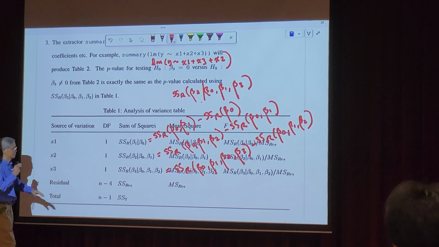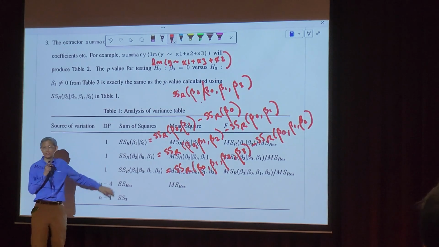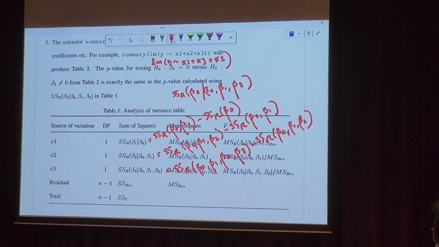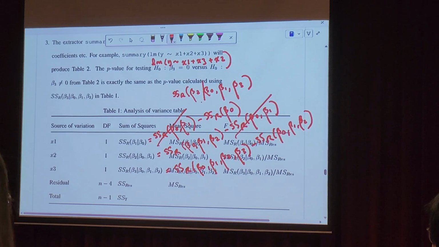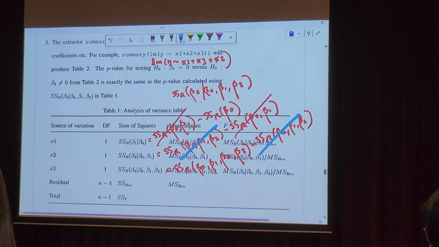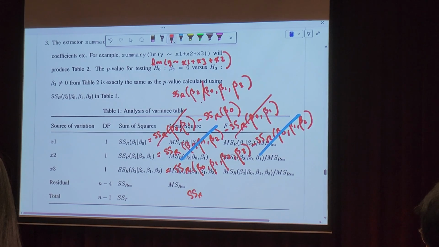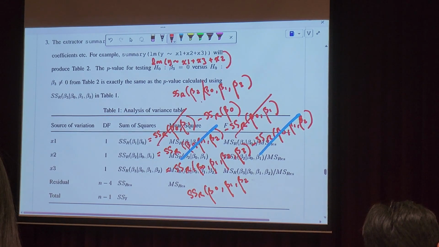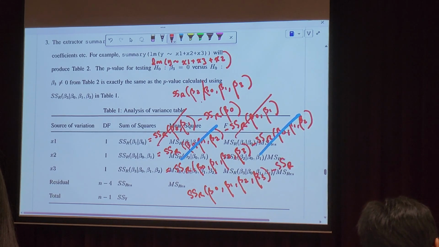So what do you get if you add up all of this? This will go, this will go, so you're left with SSR of beta naught, beta 1, beta 2, beta 3 minus SSR of beta naught.